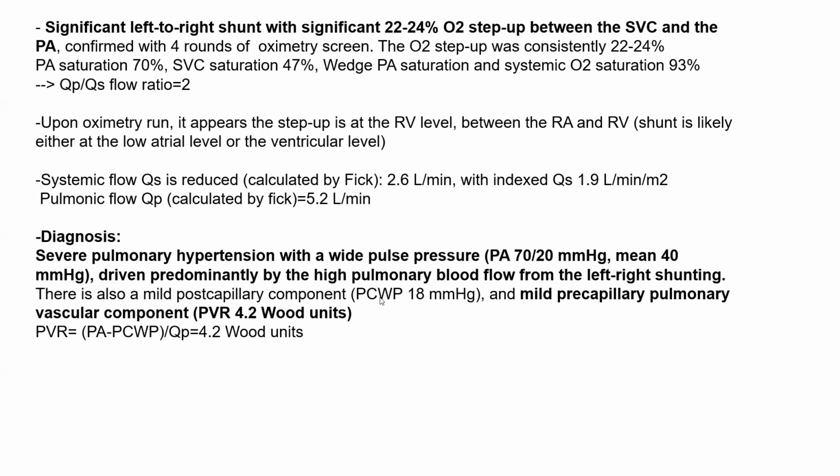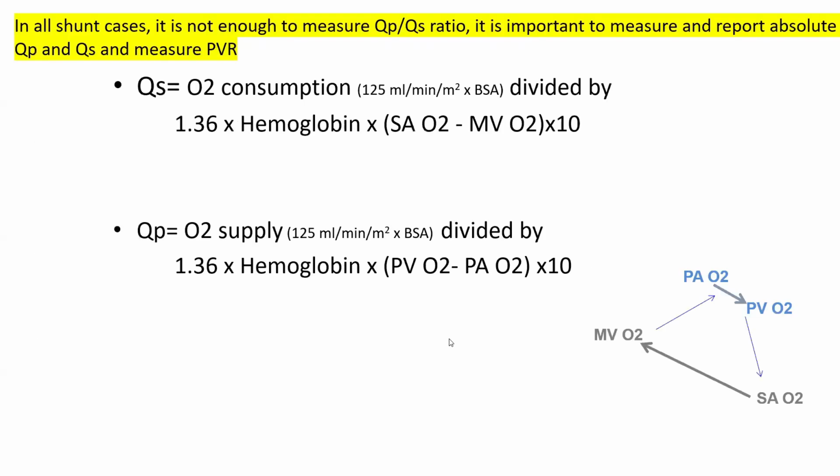There is also a mild postcapillary component and a mild precapillary pulmonary vascular component, PVR of 4.2 Wood units. Do not use thermodilution in those cases. Thermodilution in those cases is neither QP nor QS. You should throw it away.